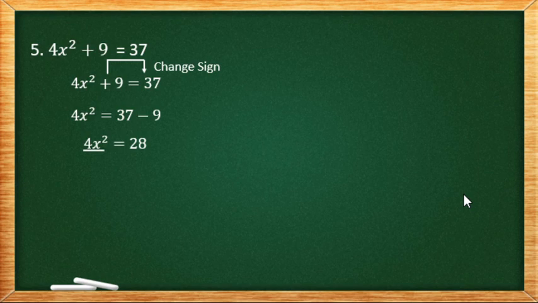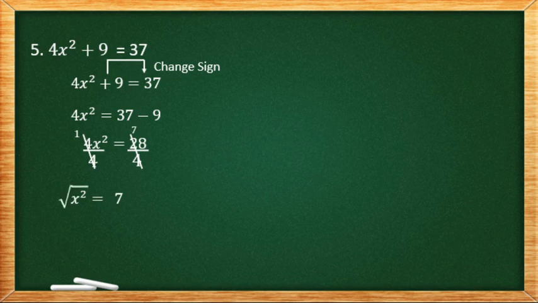Or multiply both sides by 1/4 or divide both sides by 4. So, magiging 4x squared divided by 4 and 28 divided by 4. Cancel 4, magiging 1. 28 divided by 4, 7. So, the answer is x squared is equal to 7.